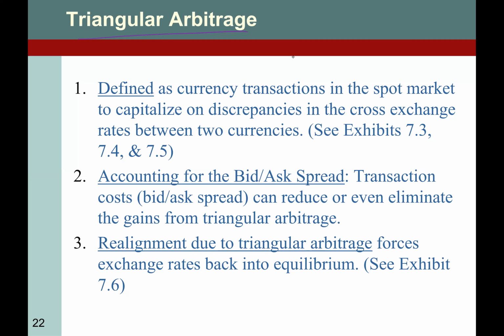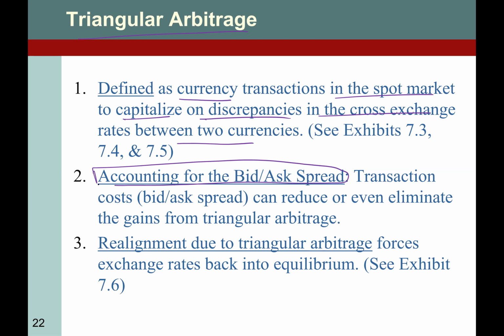Okay, students, welcome back after a short break. Now we will discuss triangular arbitrage. It is defined as a currency transaction in the spot market to capitalize on discrepancies in the cross exchange rates between two countries. Accounting for the bid and ask spread, we already revised what bid and ask are: ask is always greater than bid.